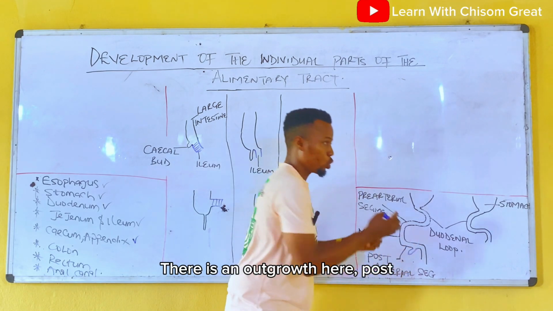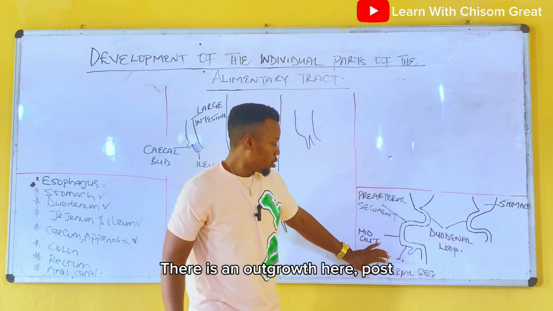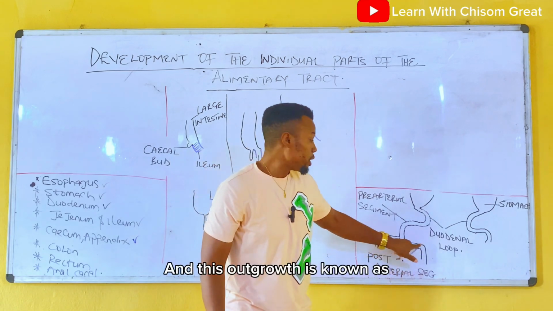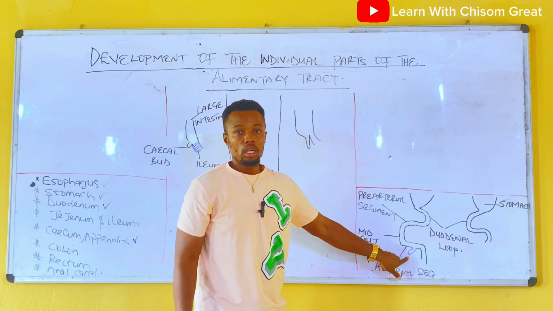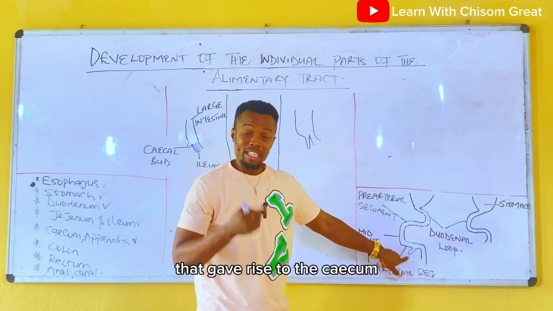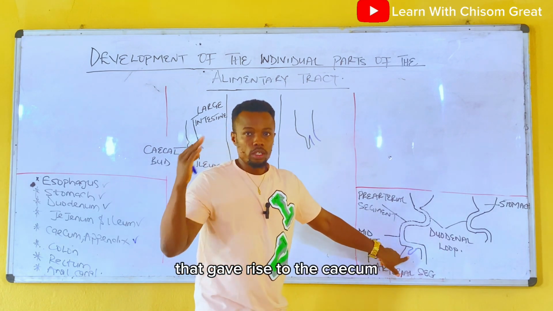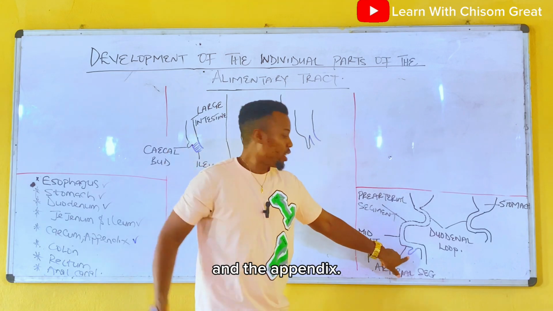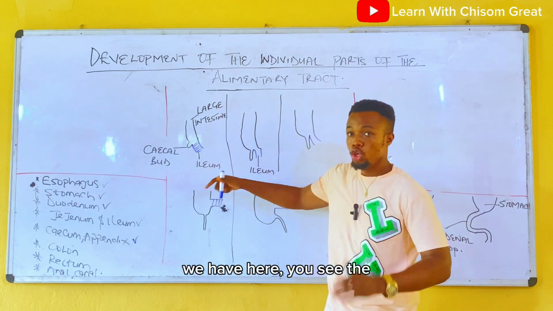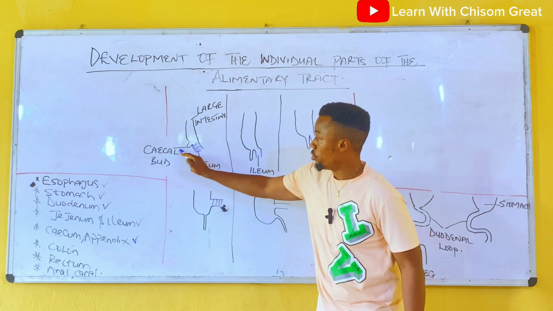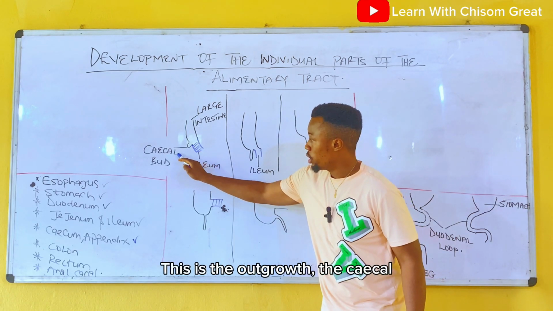There is an outgrowth here, close to the postarterial segment, and this outgrowth is known as the cecal bud. Now, it is this cecal bud that gave rise to the caecum and the appendix. So if you look at what we have here, you see the cecal bud. This is the outgrowth, the cecal bud.